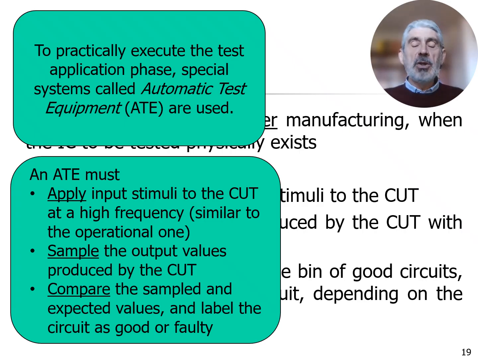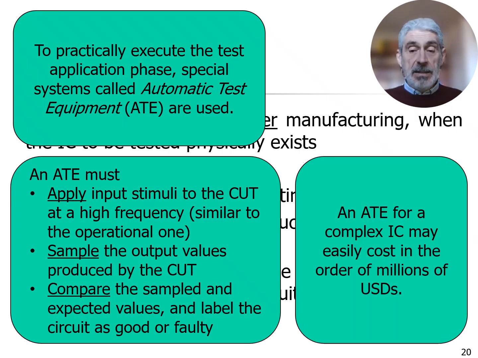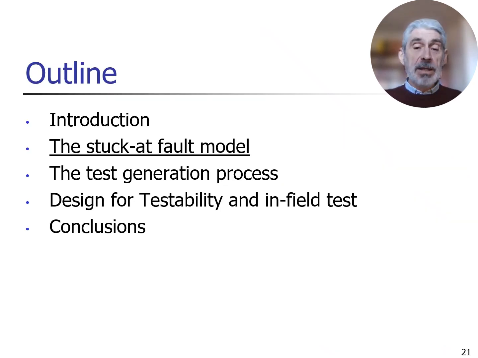So imagine when you want to test a high-speed circuit, you need an ATE running at least at that speed or even higher, because the comparison must be done very quickly. This is the reason why ATE may be very expensive equipment, costing up to millions of US dollars. Now we can move to the stuck-at fault model, using it as an example of what a fault model is and how it is used in practice.